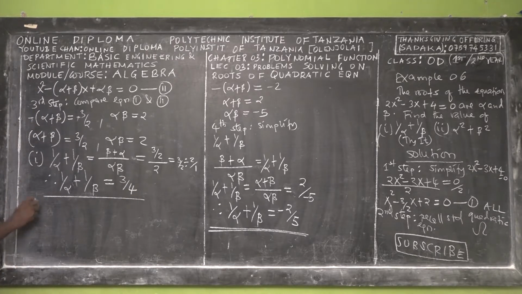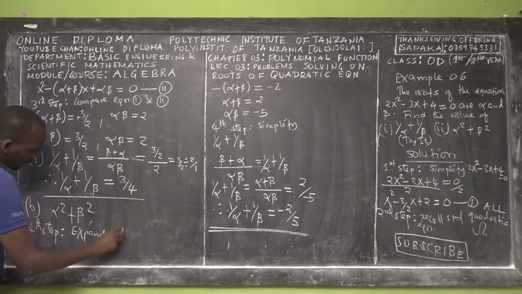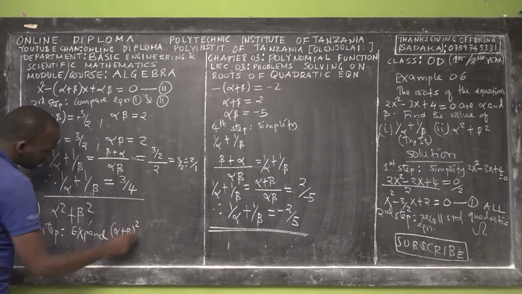Roman 2. We've been asked to find the value of alpha squared plus beta squared. For this one, we can either recall the formula, but we can just do it from first principles.